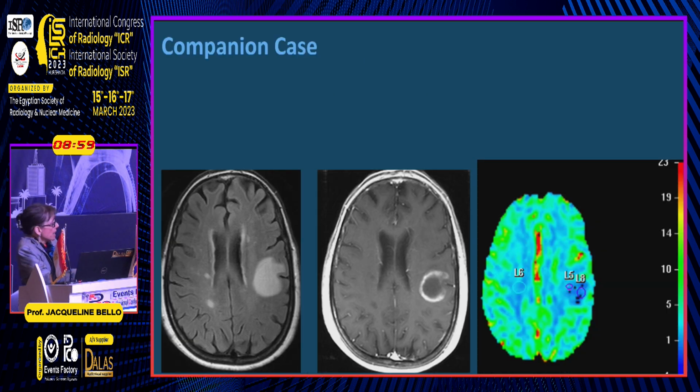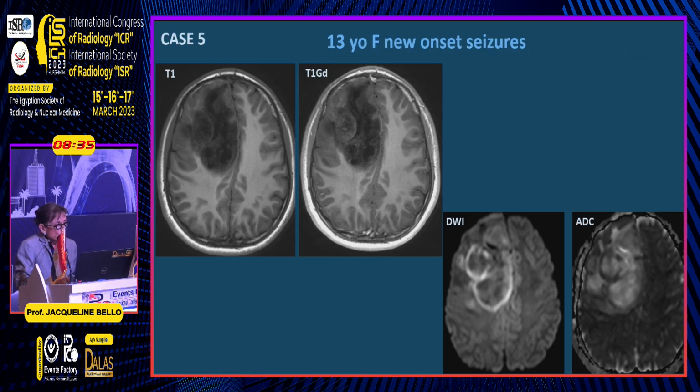As a companion case, we again see a mass-like lesion, an incomplete ring, but doing perfusion imaging, where we would expect a neoplasm to enhance with increased perfusion, particularly if malignant, we see low perfusion, typical in MS, tumefactive MS. The companion case to that was the 13-year-old who had a new onset of seizures, also with a right frontal lesion.